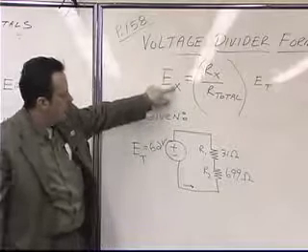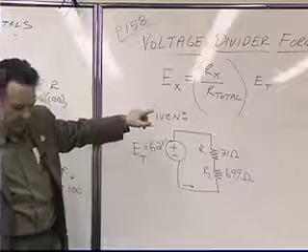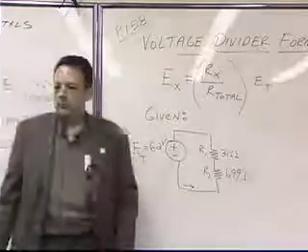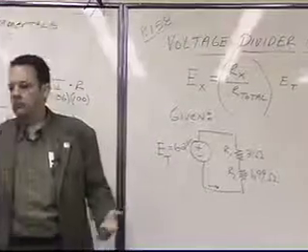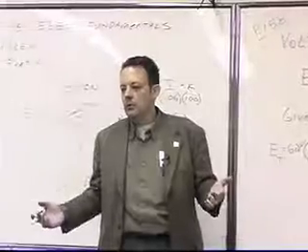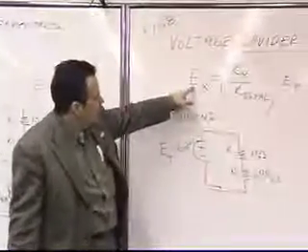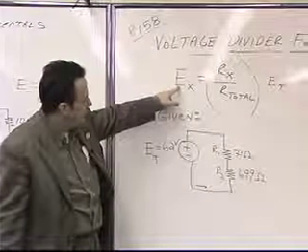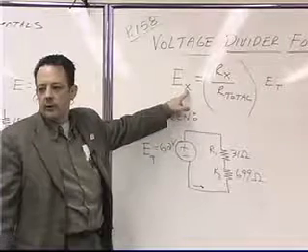E sub x, remember in algebra, do you remember in high school what x usually stood for? An unknown. Something that you were looking for. X was the thing you were looking for. Okay? So in this formula right here, this is going to represent the voltage drop across the resistor that we're interested in.